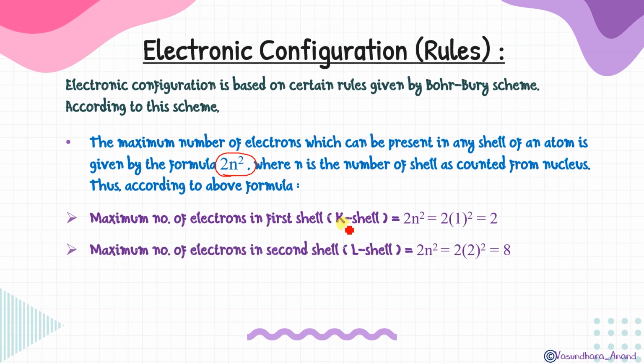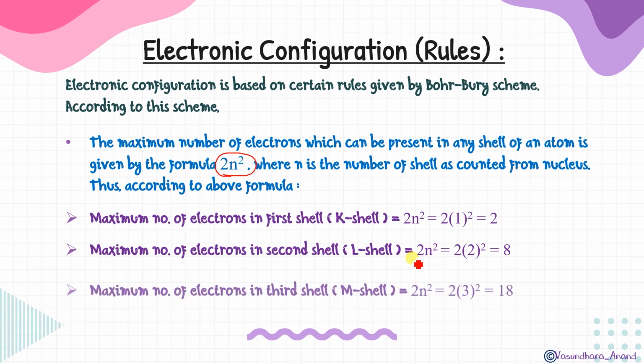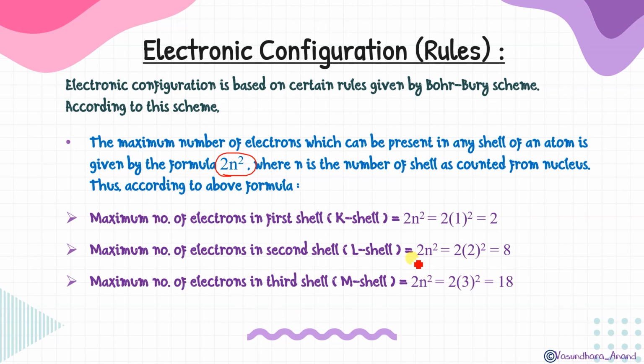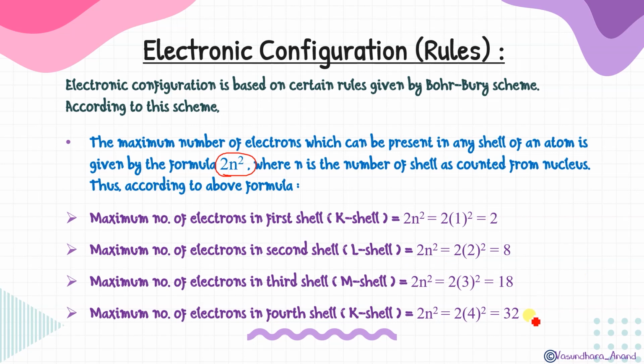Similarly, if I calculate for the M shell, the n value is 3. So 3 square will be 9, 9 twos are 18. That means the maximum number of electrons present in the third shell will be 18. Similarly, we can do that for the fourth shell, which should be N, not K. In the N shell, the number of electrons will be 32.